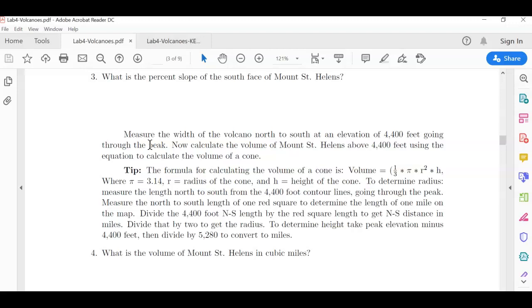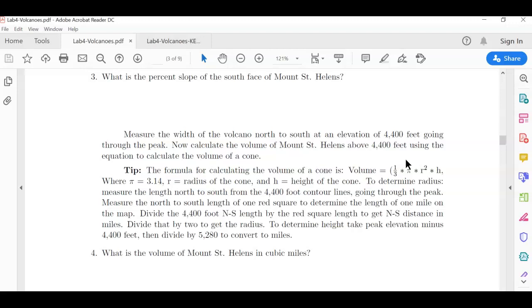Depending on what elevation you start at, from opposite cardinal directions, you'll get some sort of cone-shaped idea. So we'll use the equation for the volume of a cone, which is 1/3 times pi times radius squared times the height.